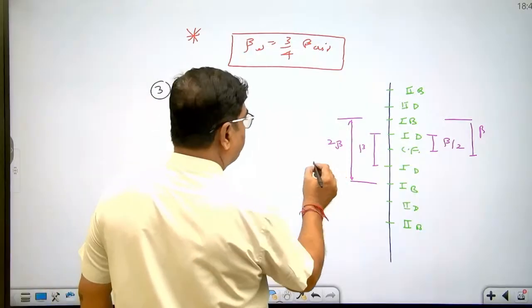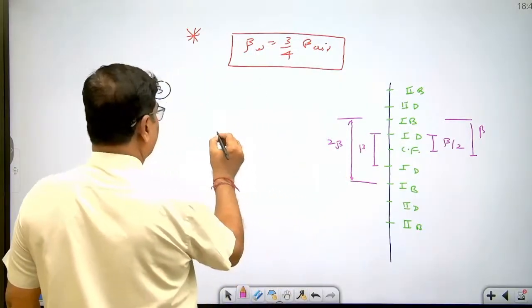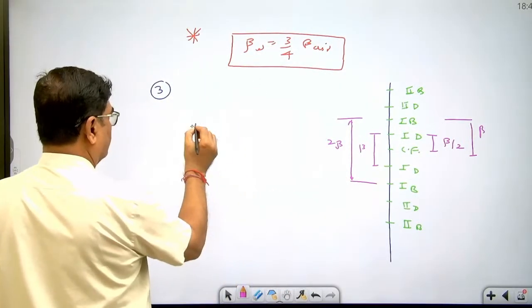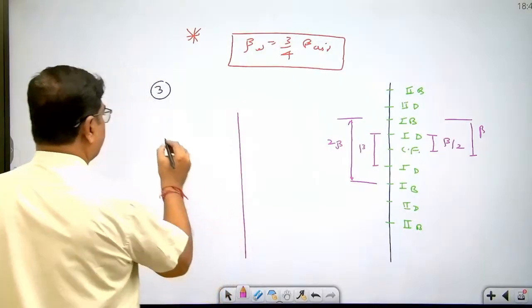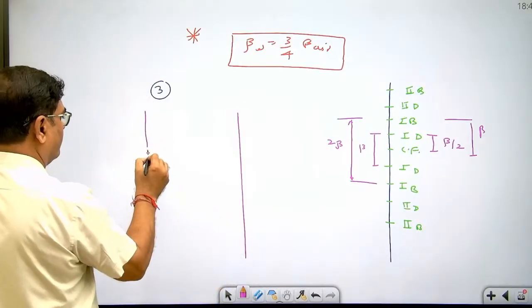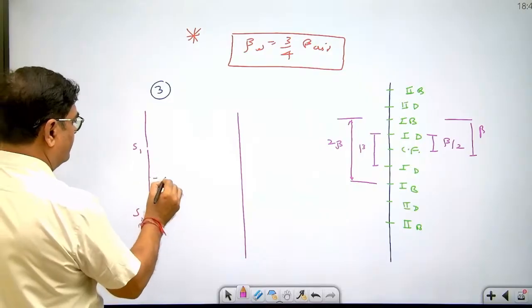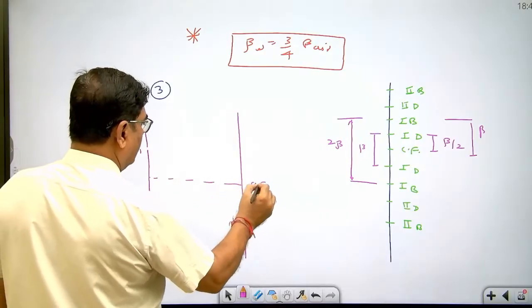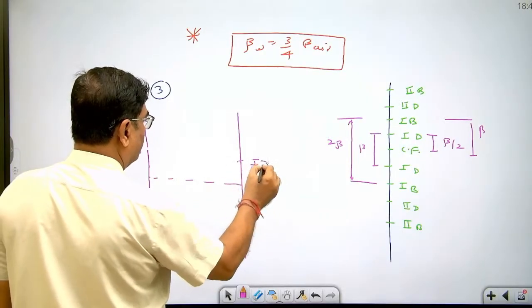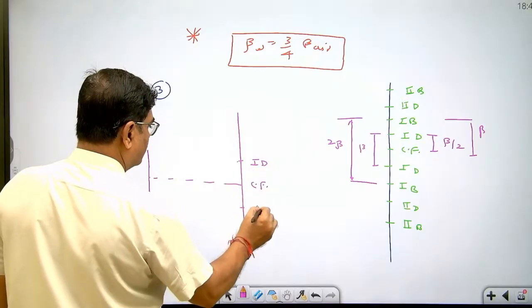Dear student, if this is the screen, this is S1 and S2. This is the central fringe, this is first dark, and this is also first dark.